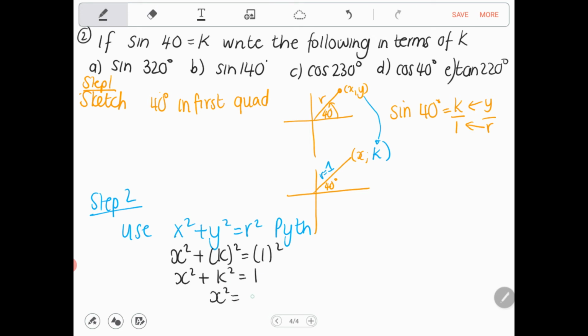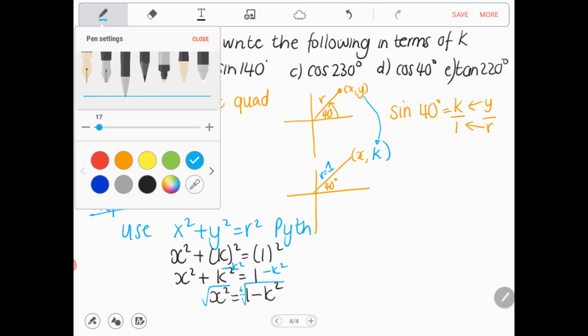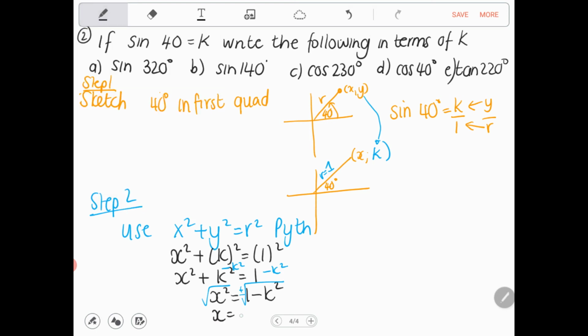Then I'm going to subtract k squared from both sides, and finish by square rooting. So x is going to be plus or minus the square root of 1 minus k squared. But in the first quadrant, x is positive. Therefore, it's going to be positive square root of 1 minus k squared.